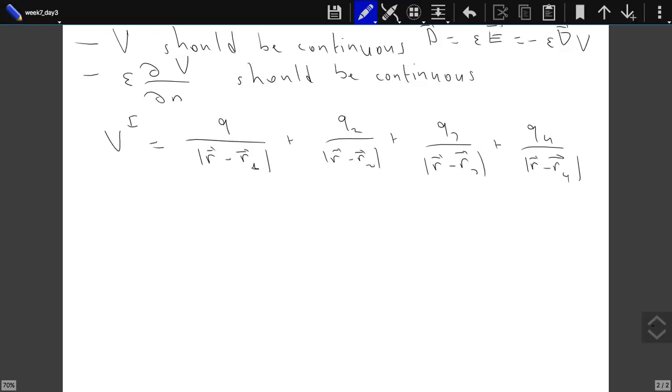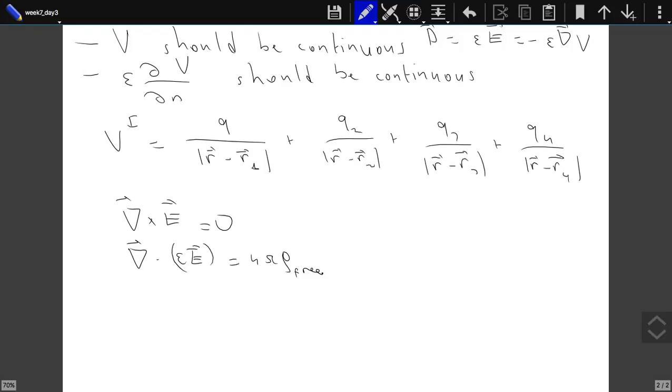You see, if we only had a uniform dielectric, these are our equations. If it is uniform, epsilon is just constant.